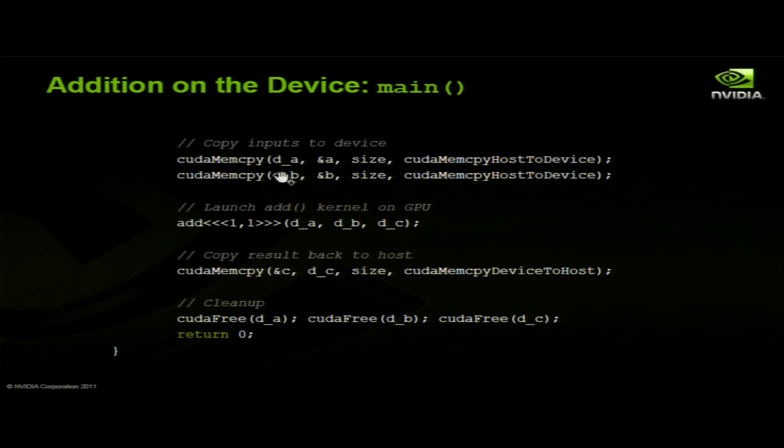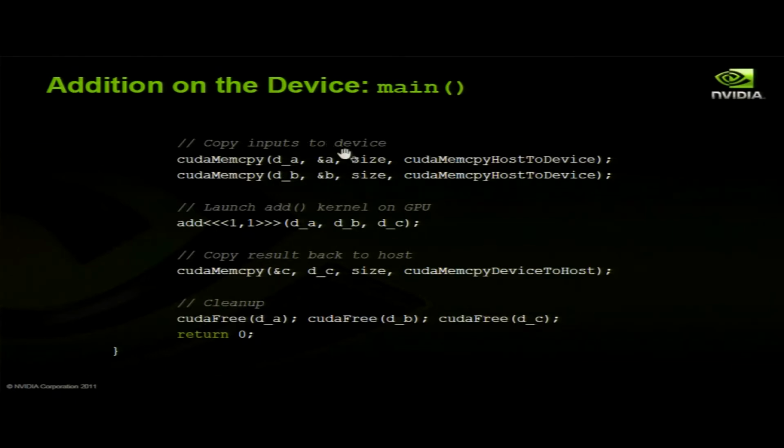cudaMemcpy. I need to transfer from where to where? Host to device. If you see, my first parameter is my destination, the second parameter is my source. So I am copying from host to device. My host is A, my device is d_A, and you see here it says cudaMemcpyHostToDevice. In the pragma world you had done this using copyin.